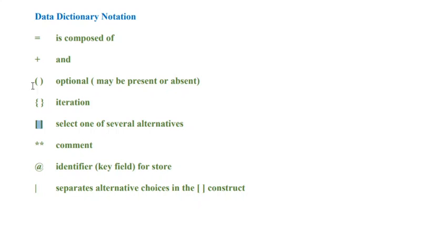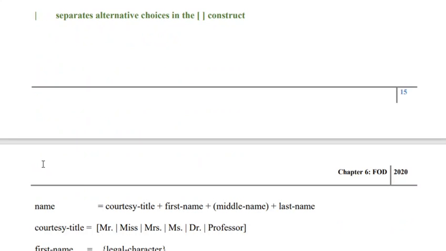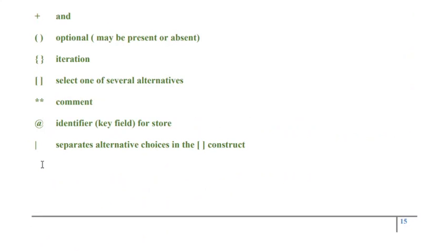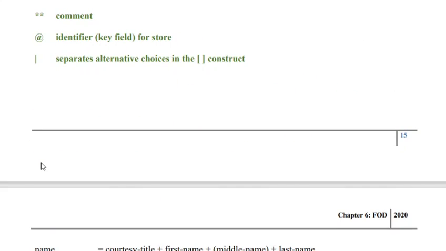So here we have equivalence, composition, optional, iteration, selection, comments at the rate of, and or. These are the various notations that are used for defining data in the data dictionary.